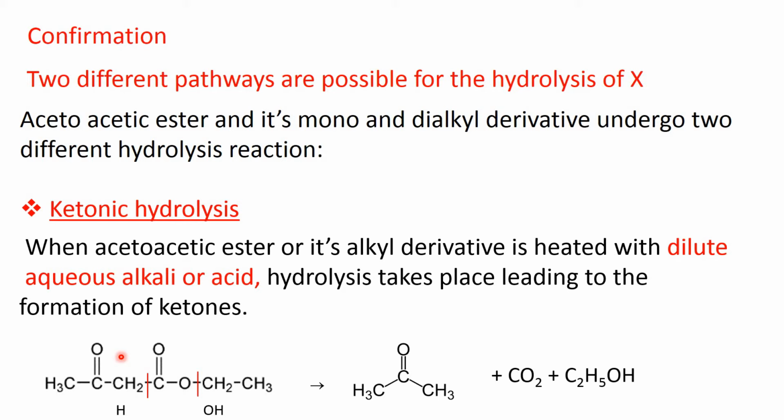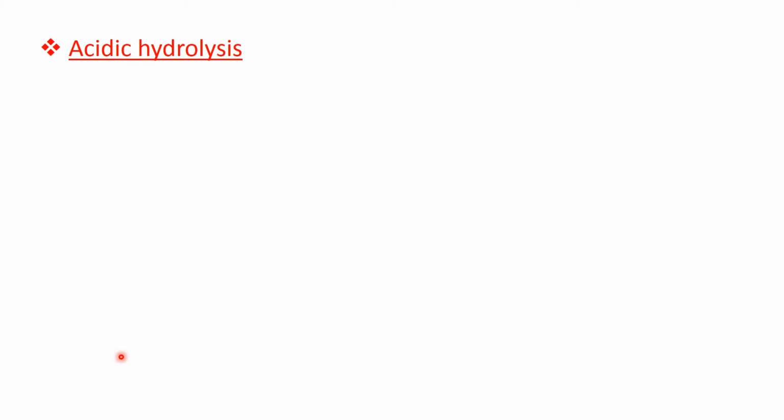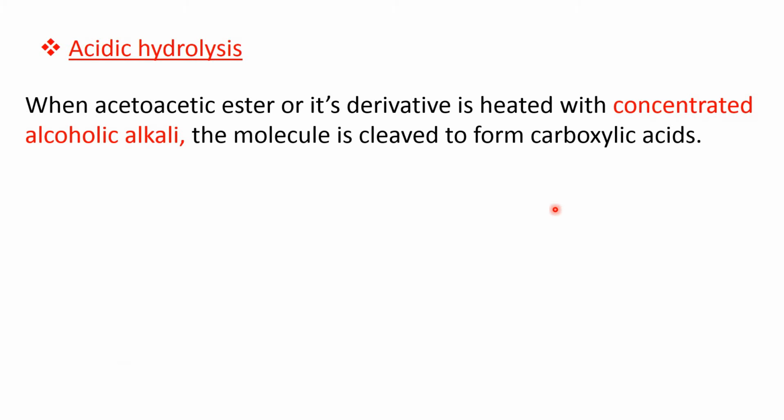We will see that. Now, the second mode of hydrolysis is acid hydrolysis. In acid hydrolysis, the reagent is concentrated alcoholic alkali, and obviously the products will be carboxylic acids. Now here, the cleavage positions are this part and this part. On hydrolysis, this OH group will attach to this carbon, so from here you will get the acetic acid.